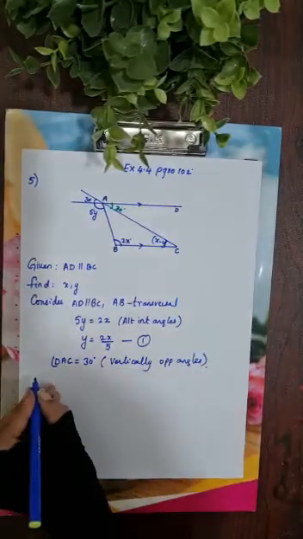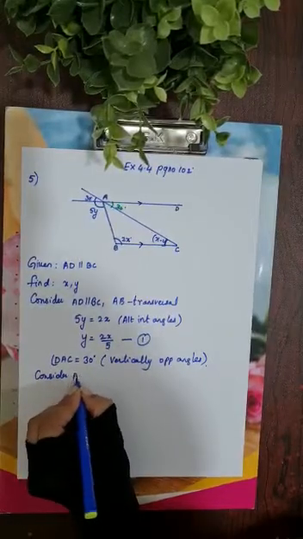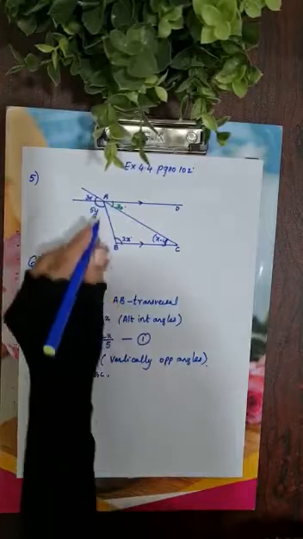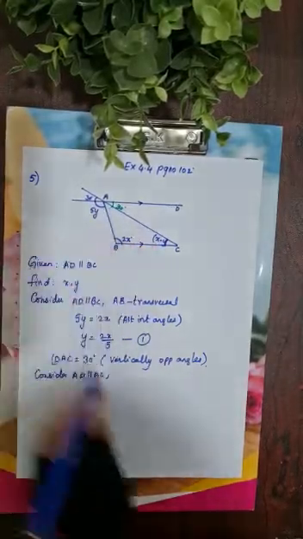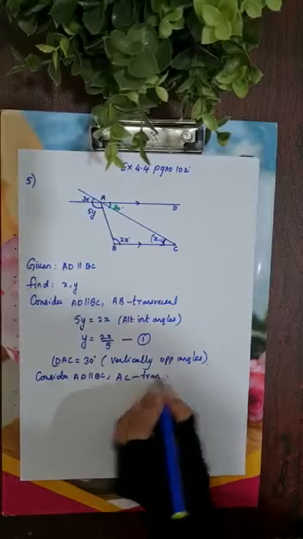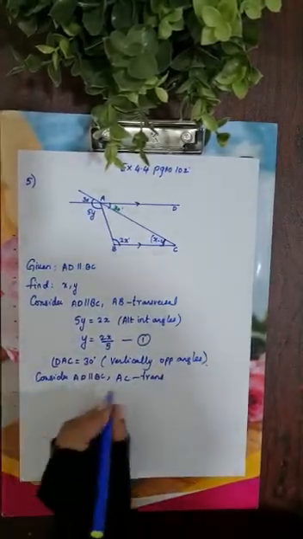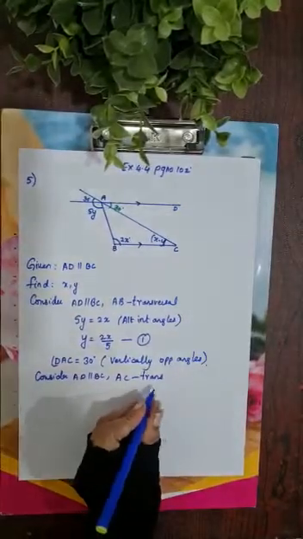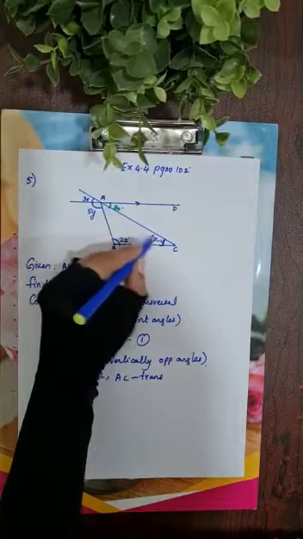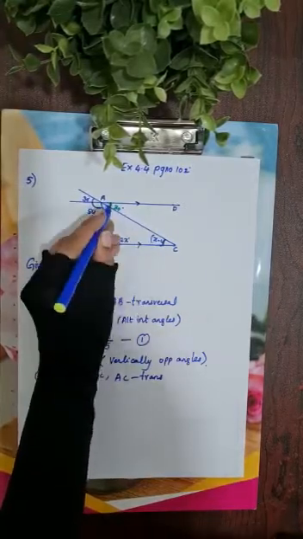Now we consider AD is parallel to BC and we have changed the transversal to AC. Now AC is the transversal because it is also cutting the pair of parallel lines. So considering AD is parallel to BC and AC is the transversal, 30 is equal to x minus y, alternate interior angles.